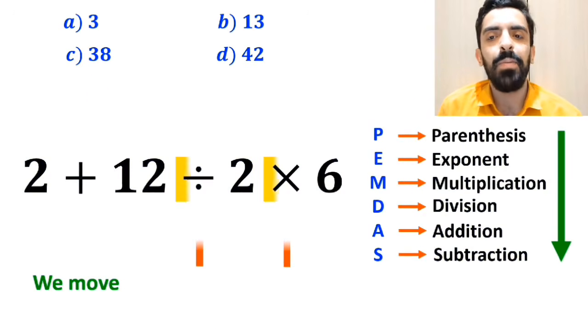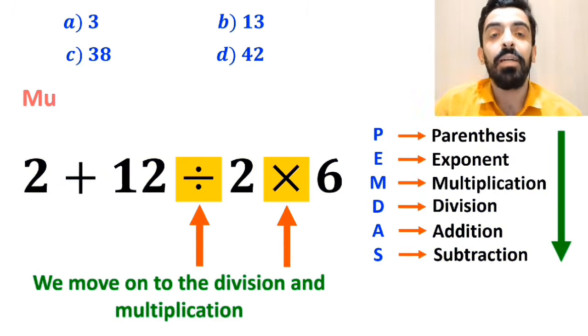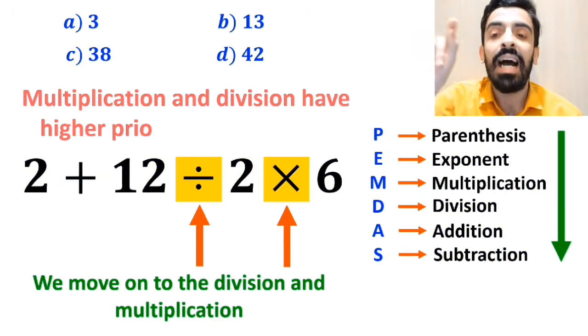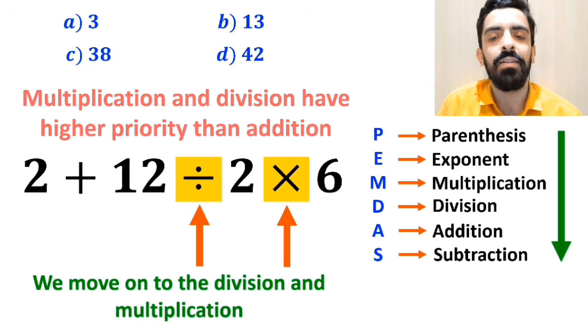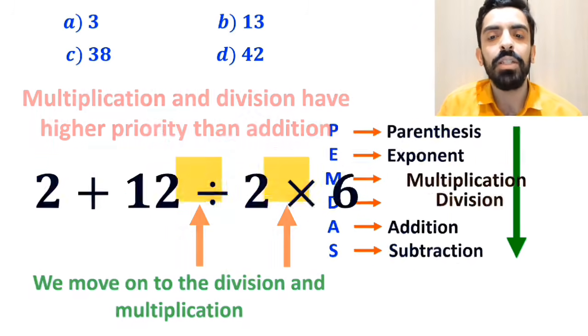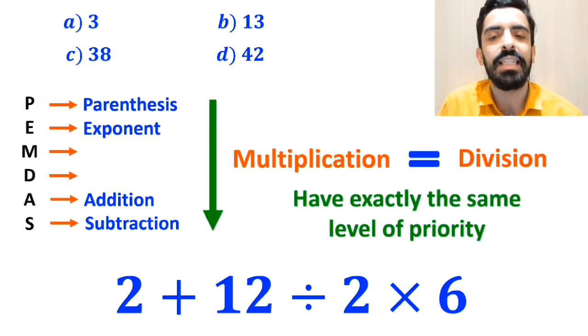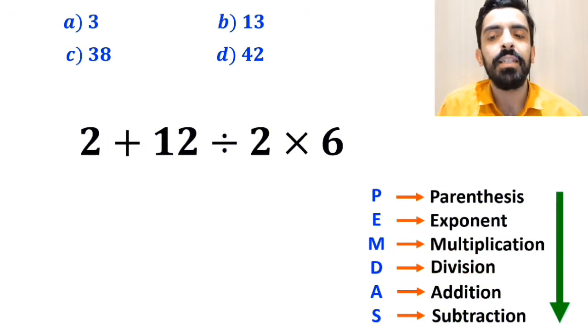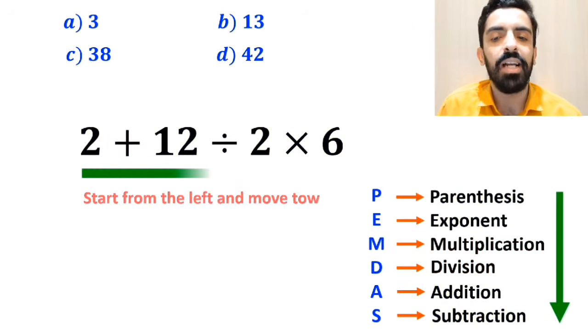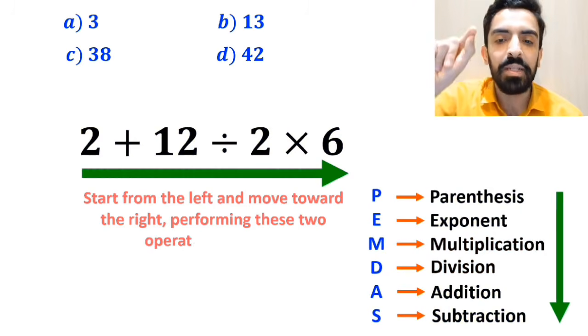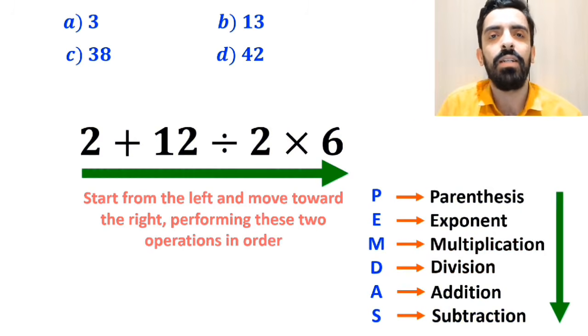In the next step, we move on to the division and multiplication, because multiplication and division have higher priority than addition. However, it's very important to note that multiplication and division have exactly the same level of priority. In this situation, the best approach is to start from the left and move toward the right, performing these two operations in order.